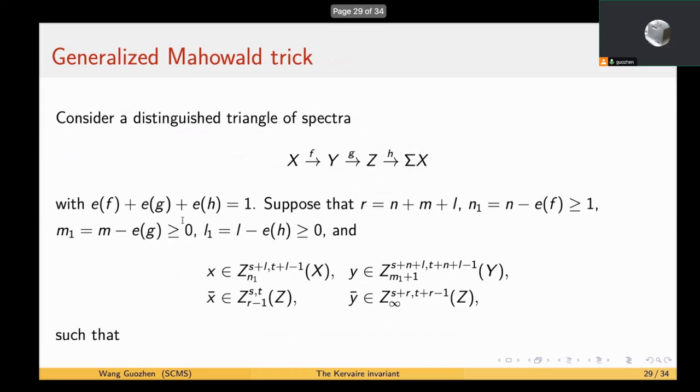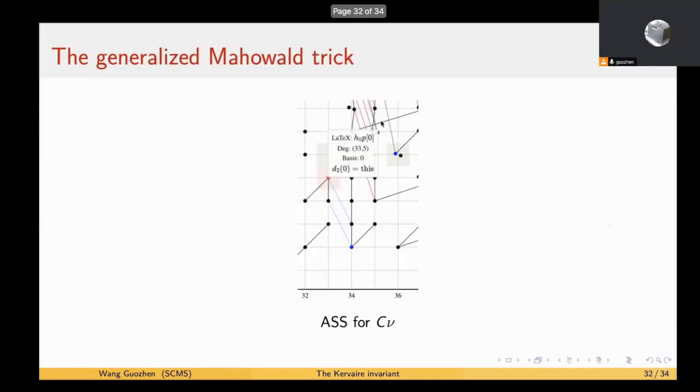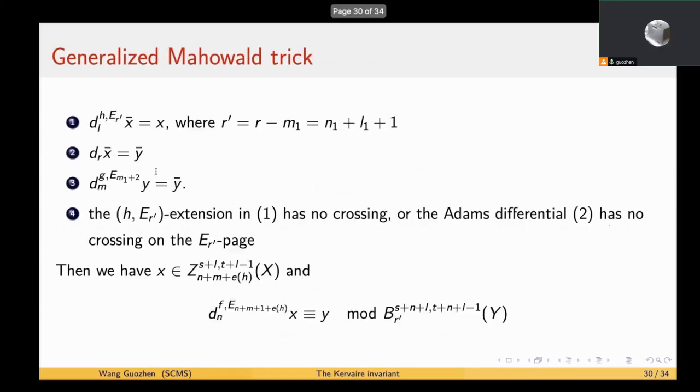And in the same way, the red dot lying in the bottom cell is also detected on the E2 term, which means that in this extension, m also equals 0. It's also already the shortest extension, so it can't be crossed. So 1 and 3 are not crossing.